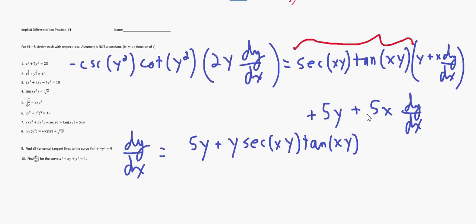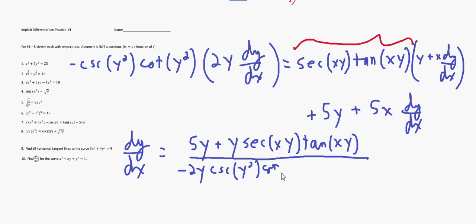Like that. And then we're going to divide by everything that does have dy/dx from the left-hand side. That's going to be negative 2y cosecant y squared cotangent y squared. We're going to have to subtract 5x dy/dx off both sides to get them to the left side. So that's going to be negative 5x when you divide by it.